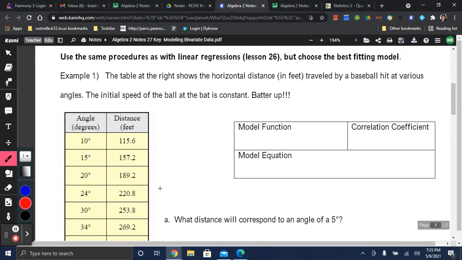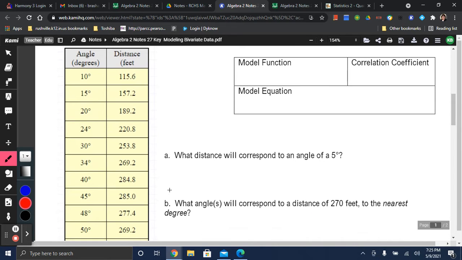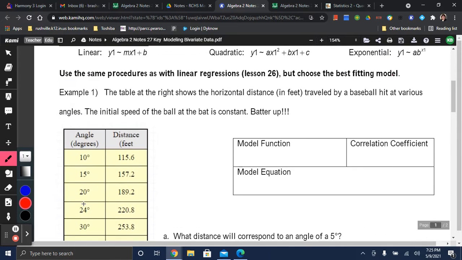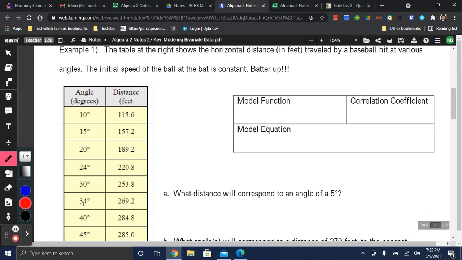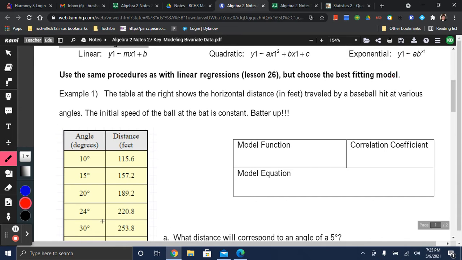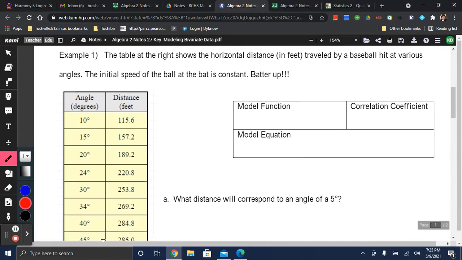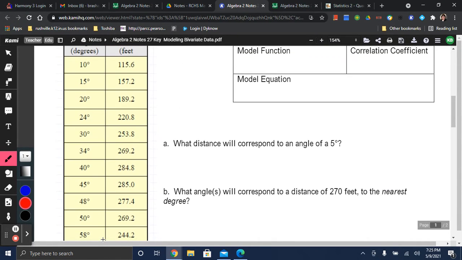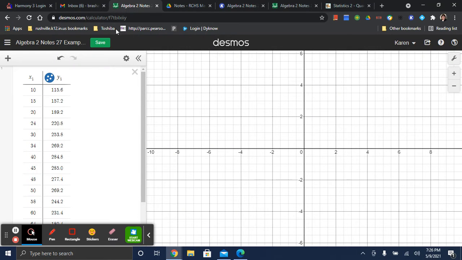I have a table shown here at the left, and it has the degree that a batter is hitting the ball at, and the distance in feet that the ball travels. The first thing we'll do is enter that data into Desmos.